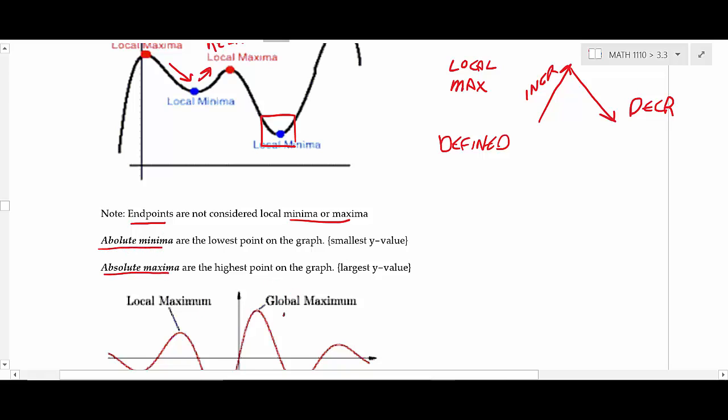Sometimes those are called global maximums and global minimums. That just means an absolute minimum would be the absolute lowest value of y that the graph ever hits. So that's the smallest y value. Absolute maximum would just be the very largest y value that you ever hit, okay? You actually don't have to have an absolute max or min, but oftentimes you do, okay?